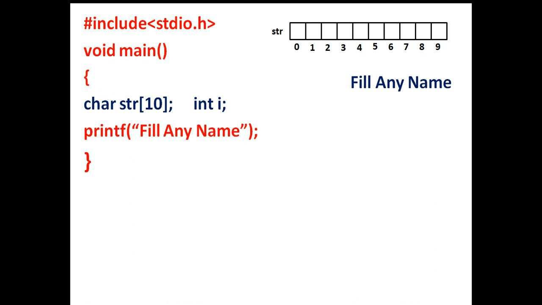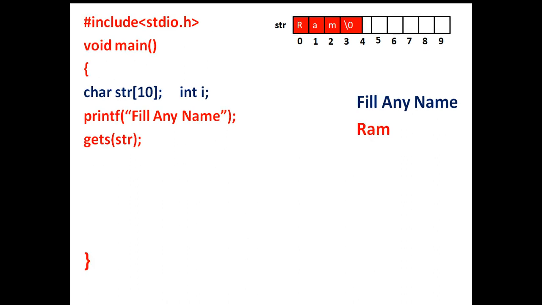Gets is an input function. The gets function will allow us to enter any name, any string, and it will read the entered data and store it into the str variable.